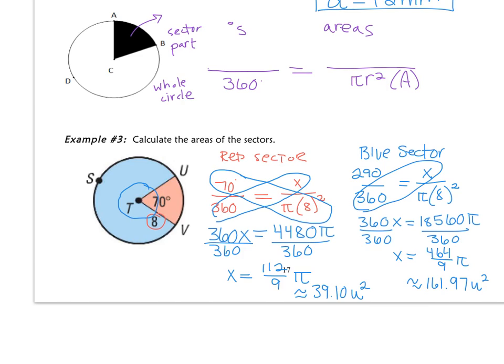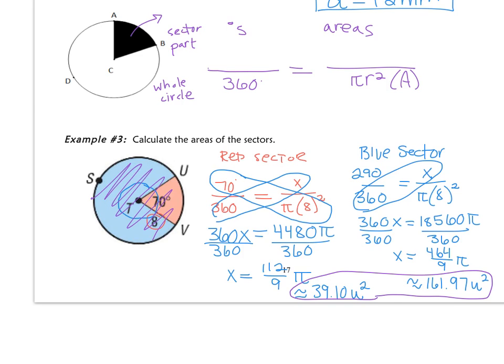Now you can always check your answer with these in a couple of different ways. We could find the area of the entire circle, this whole thing, by doing pi r squared. Whatever that number is, if we added these two answers, it should be the same.